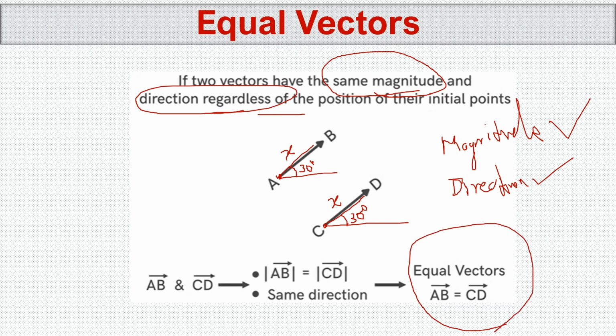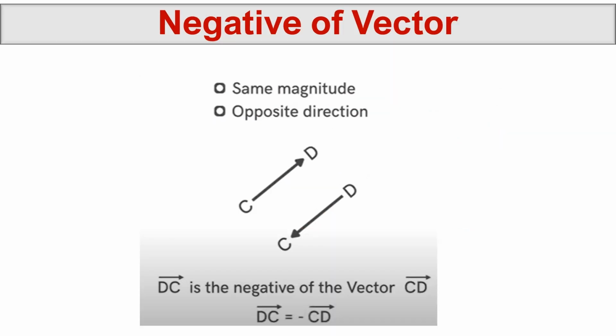In the earlier case we cannot say vectors are equal, because either the direction is the same or the magnitude is the same. Here both direction and magnitude are the same, so they are equal vectors. Now here is a negative vector.